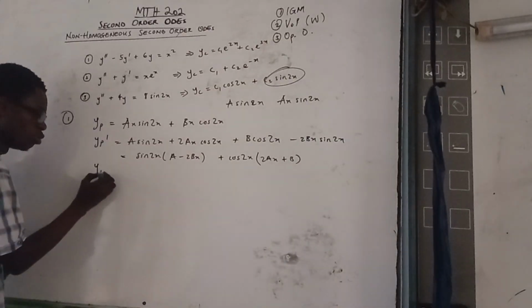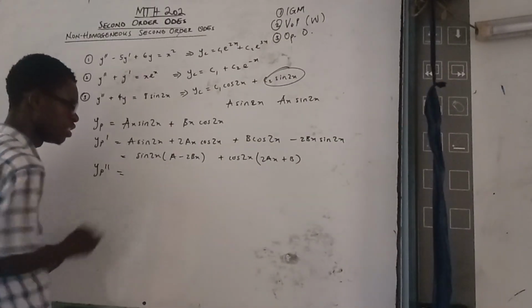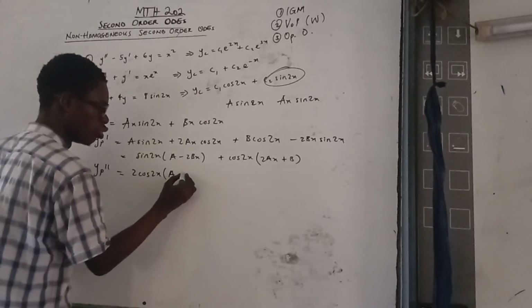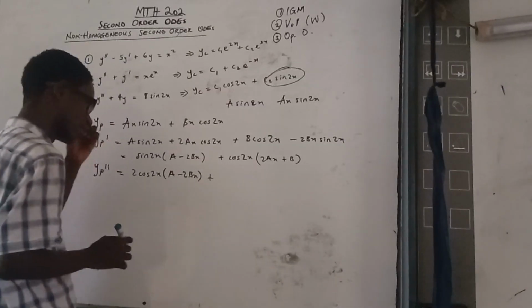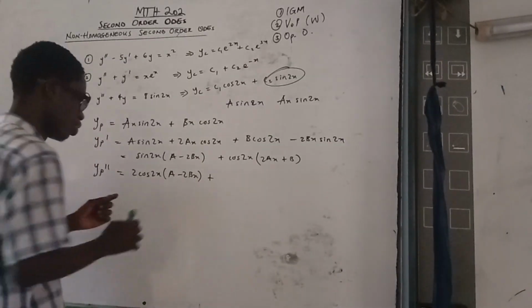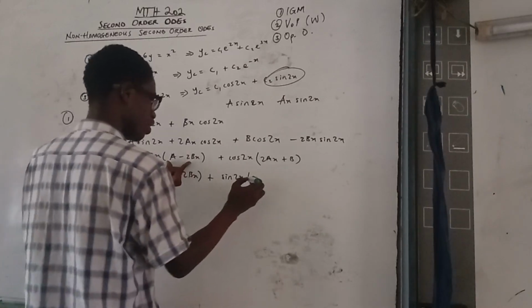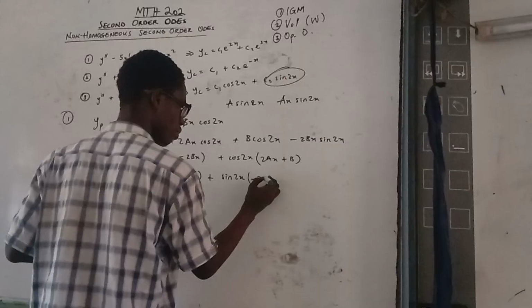Now yp double prime equals, let's differentiate this using the product rule again. If you differentiate sin 2x, you get 2 cos 2x into bracket a minus 2bx, plus, since a and b are constants, sin 2x into bracket, if we differentiate this, a is gone, so we are going to have minus 2b.